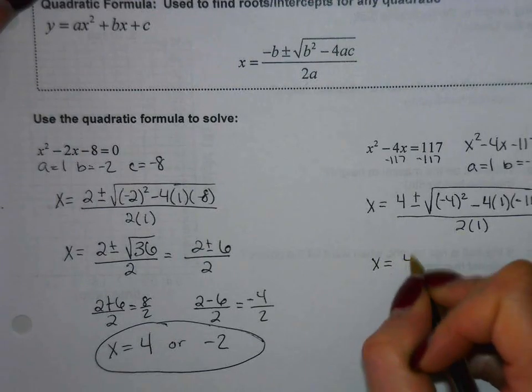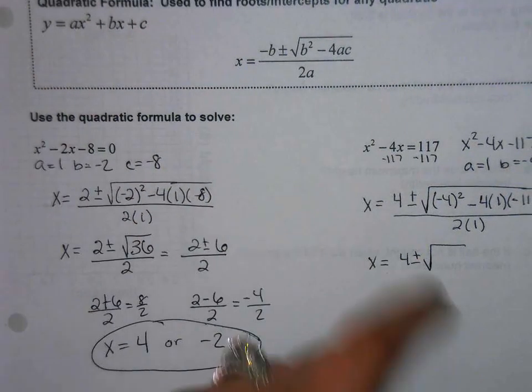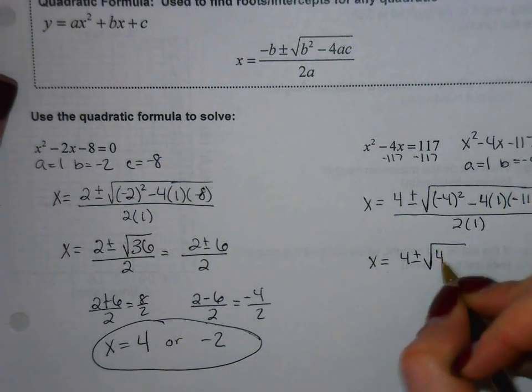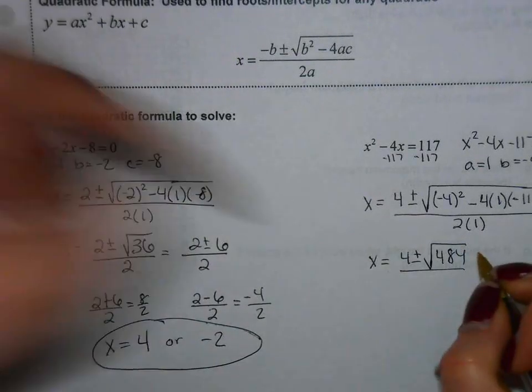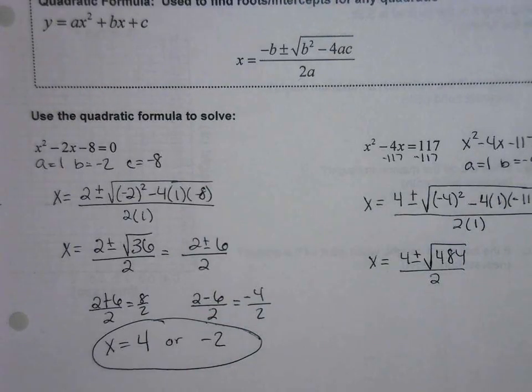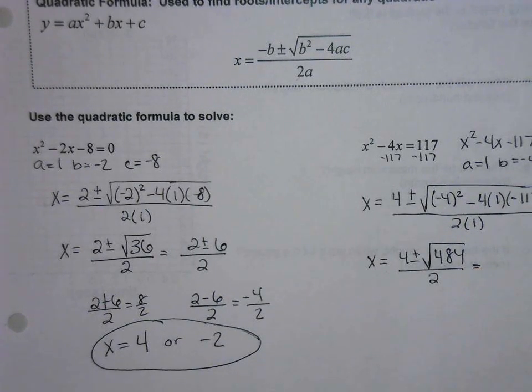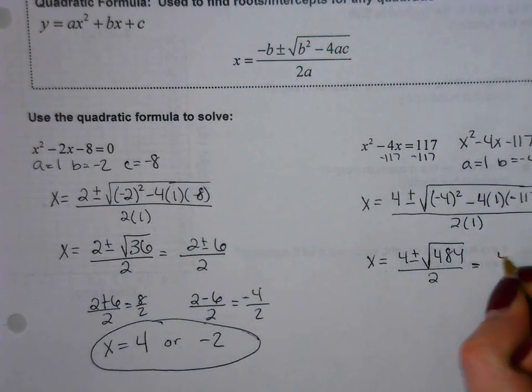So now we can find our discriminant. We take our negative 4, square it, minus 4 times 1, times negative 117, which is 484. We're dividing all that by 2 times 1, which is 2. The square root of 484 is 22.